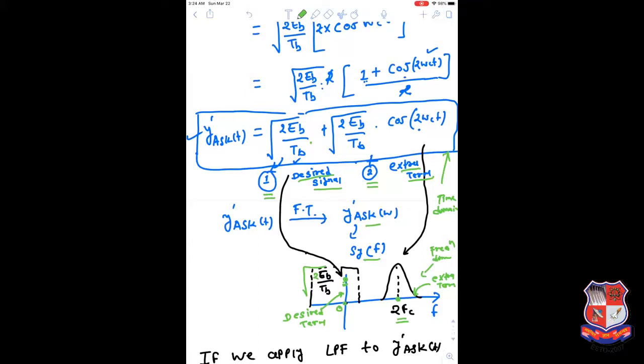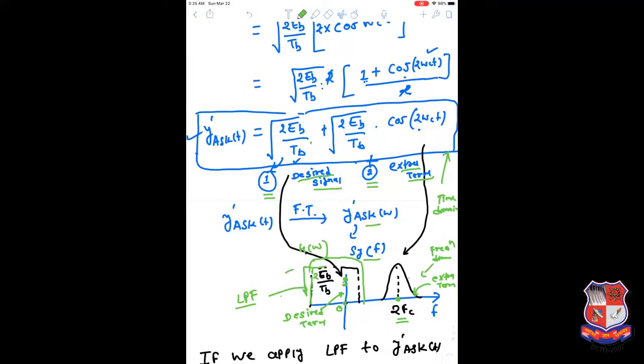We need to remove this. So we can apply a filter here, with a response of H of omega. We can convolve in the time domain and multiply in the frequency domain. This filter is simply known as a low pass filter, which allows only the first term to pass and blocks the second term.